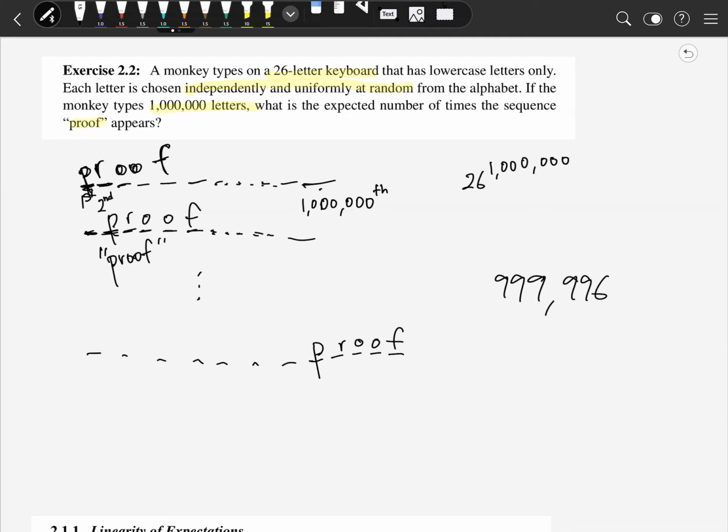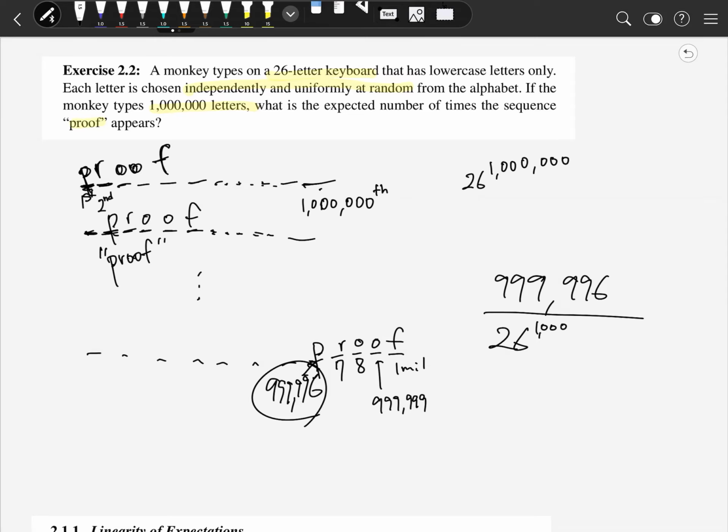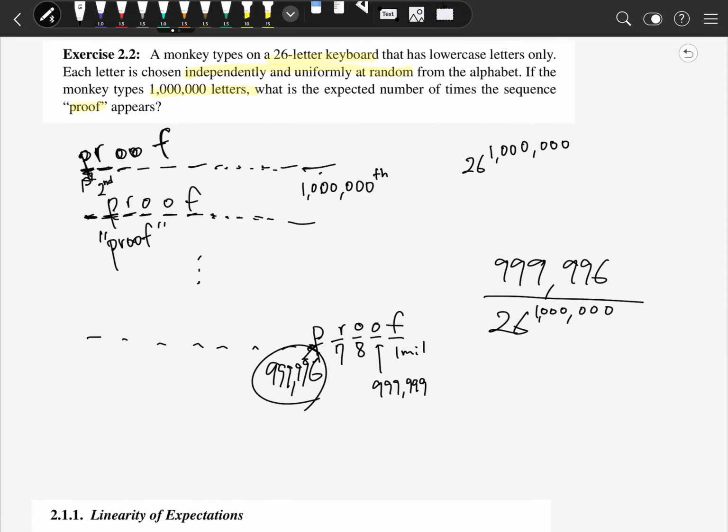Okay? Because this is going to be 1 million, this is 999,999, then 999,998, 999,997, 999,996. There are 999,996 cases. So the probability that there will be only one sequence "proof" is 999,996 over 26 to the power of 1 million. Right?